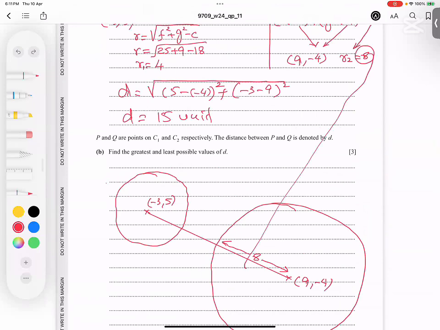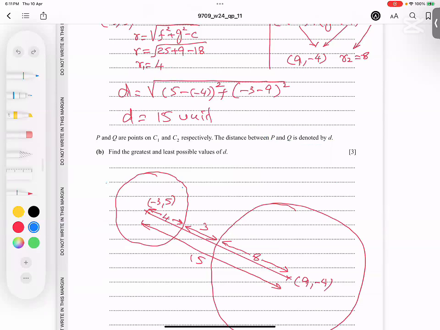And the first one is a 4 radius, so 4 from here till here. Whereas the full distance from here till here is 15. So from 15, subtract 8 and 4, that is 12. I got 3. So he is asking, there are points mentioned on 2 circles, whose distance between them is d, and find the least distance.